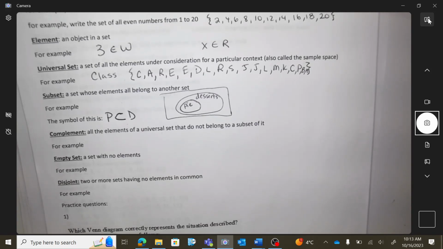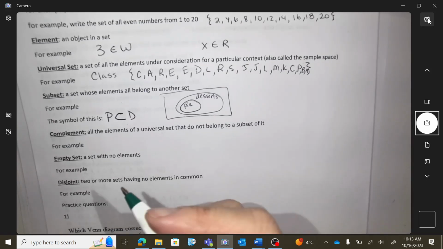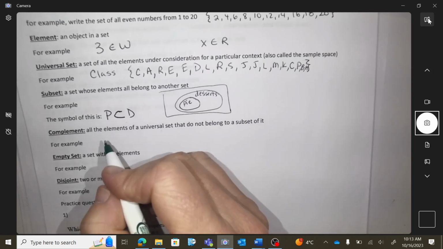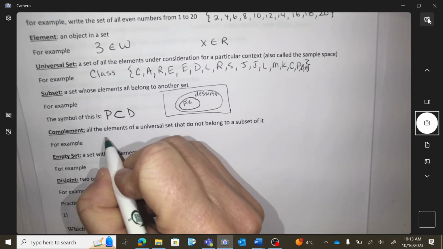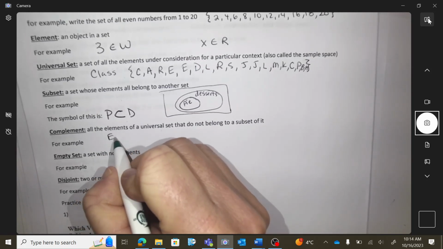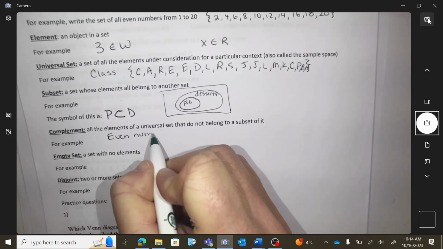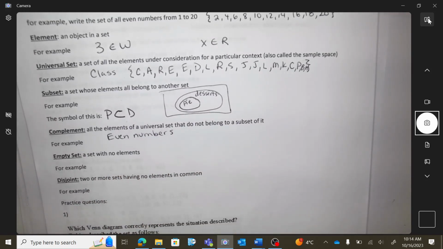A complement is kind of an opposite event. If I say all even numbers, so out of everything in the universe I'm going to talk about even numbers, what's the complement of even numbers?